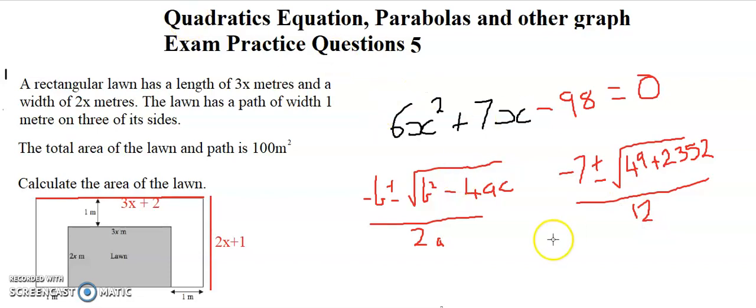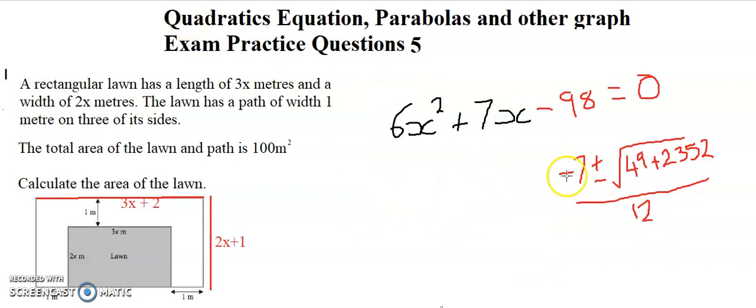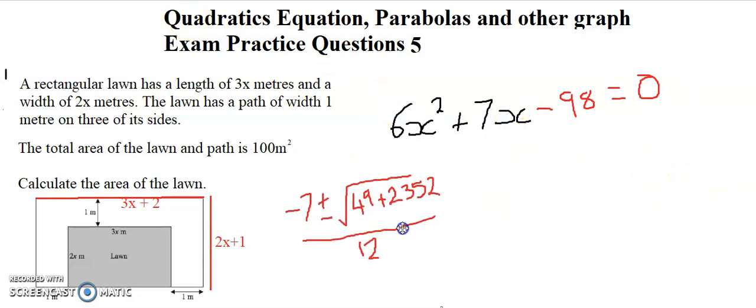Okay, so now we're slowly getting there. The next thing is we need to use a calculator and look at the square root of 49 plus 2,352. And that is 49.